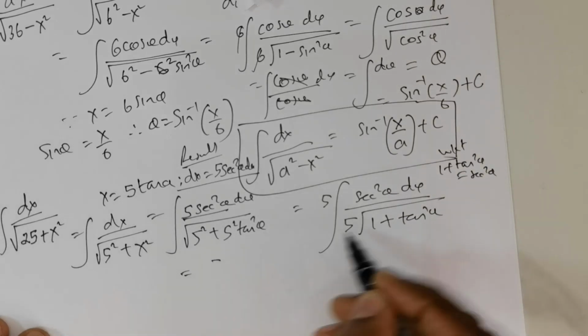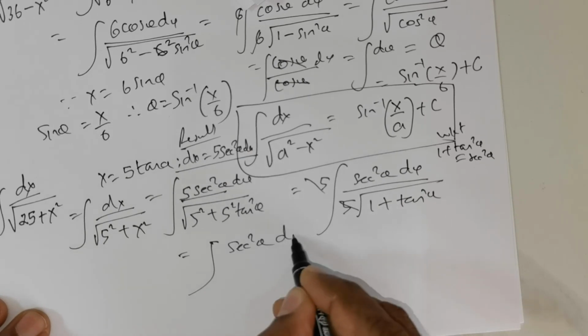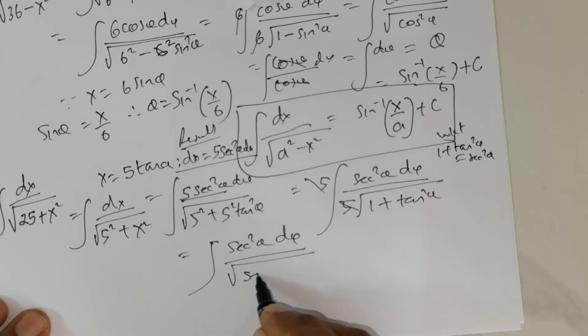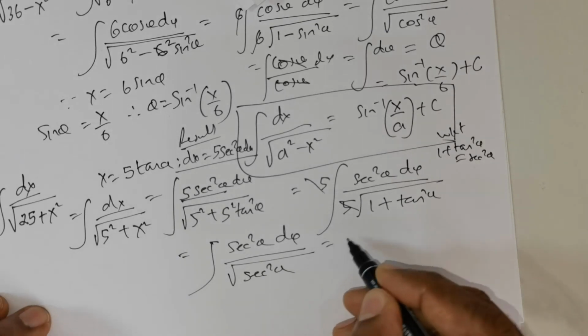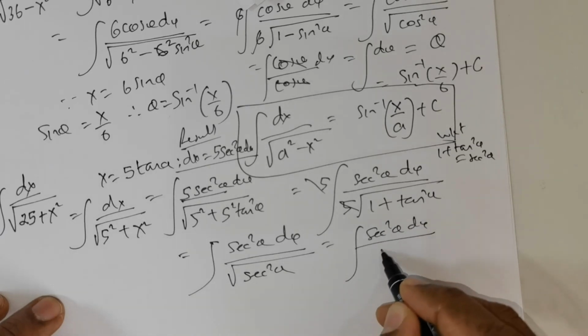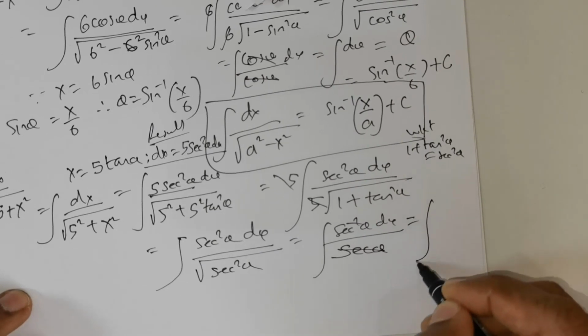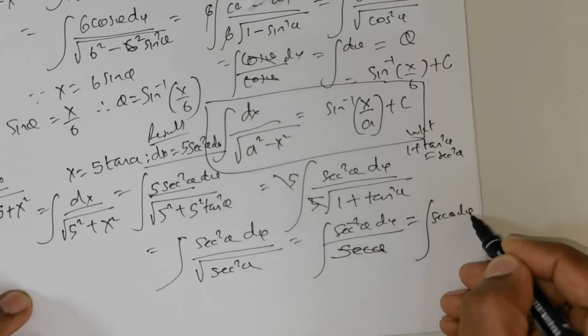So substitute that, 5 gets cancelled. You get integral secant square theta d theta divided by root of secant square theta. So root of secant square theta will give you secant theta. Secant theta and secant theta get cancelled, giving you integral of secant theta d theta.